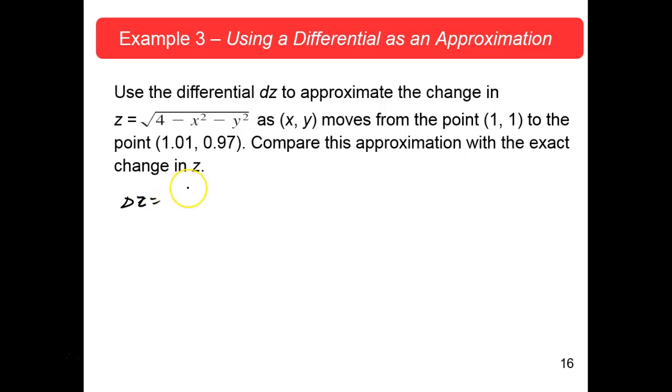Remember that was 0.01 times 1.414, so that was 0.01414. And your dz, which we just did, was 0.0137. Okay, so the difference is 0.0004. Okay, so it's pretty small.